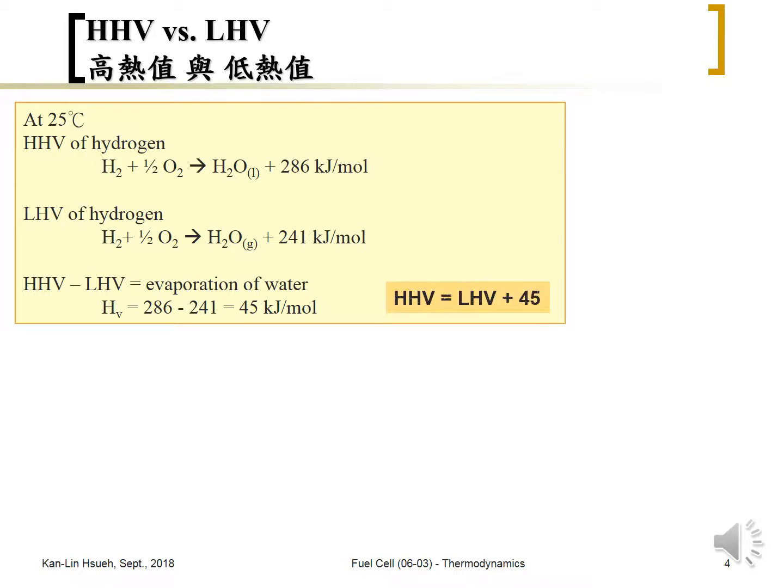This we can write as HHV equals LHV plus 45, the difference between the high heating value and low heating value of hydrogen.